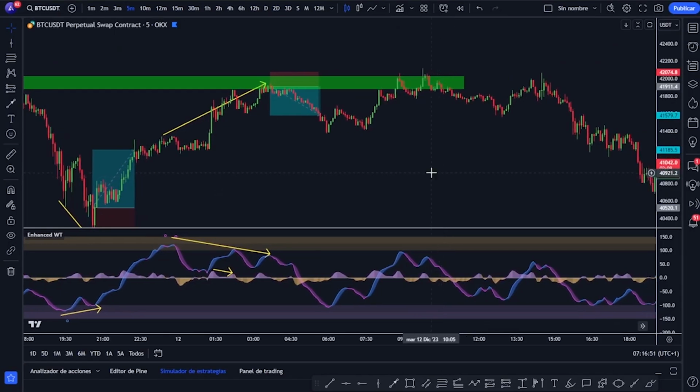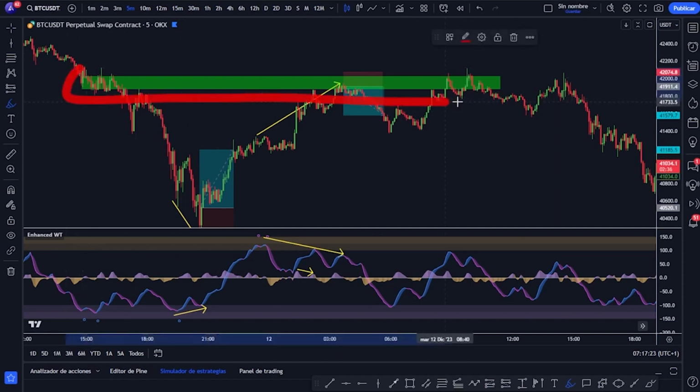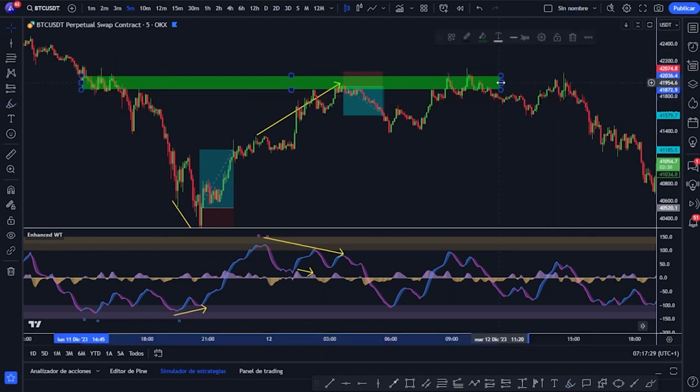A while later, we see a similar situation, but in this case, we do not have any red dot that indicates a possible entry. However, we have something more important, and it is that not only has the indicator almost reached that overbought zone, but we had already marked this wide resistance zone previously, and the price is getting there.